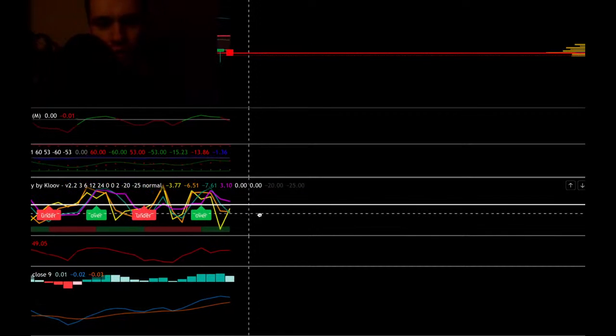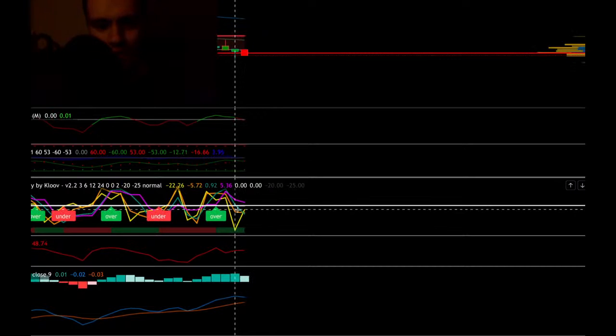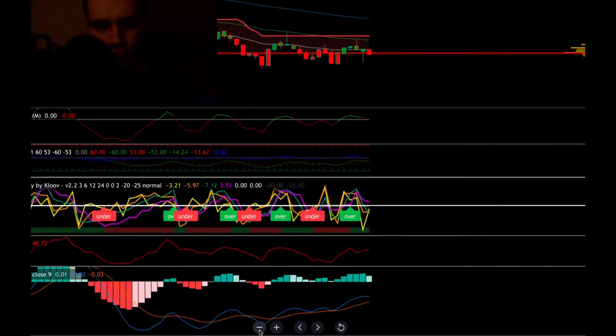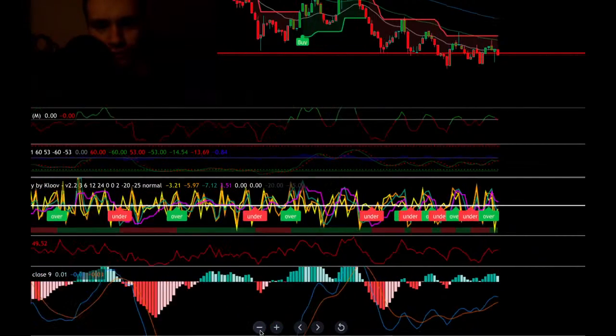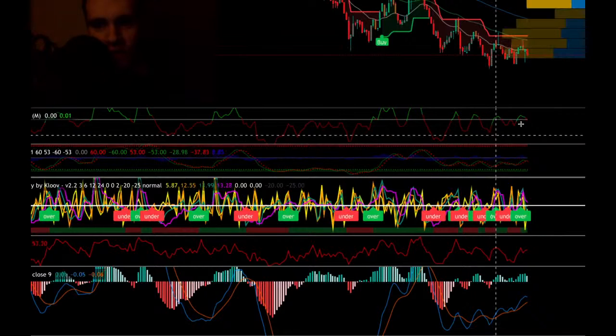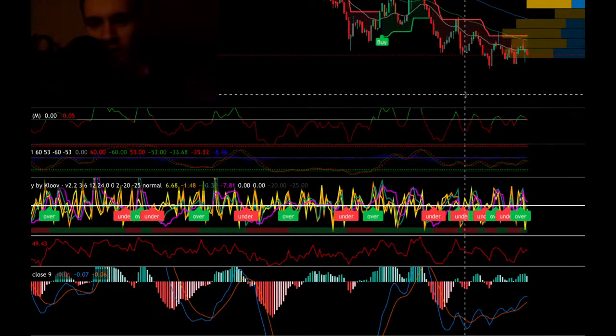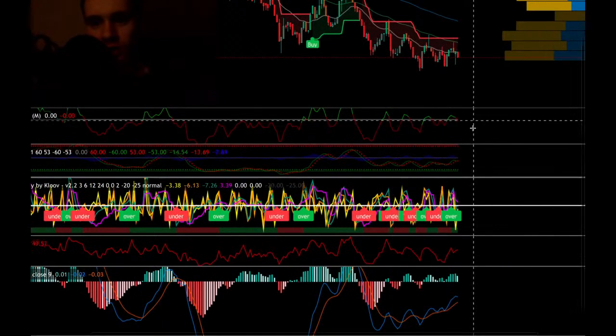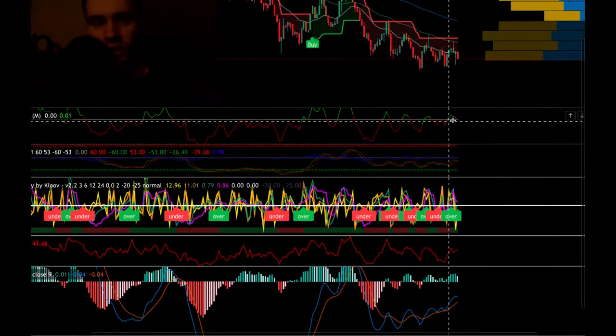RSI on the 15's being weird. Yeah, see, we just flipped right there. Downwards trend, essentially, on the wolf pack.